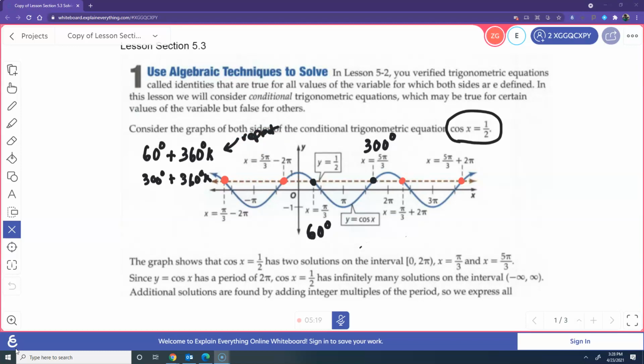Now, here at the bottom, it tells us the answer in radians. I'm going to write it in blue. It's pi over 3 plus 2 pi k, and the answer is also 5 pi over 3 plus 2 pi k.